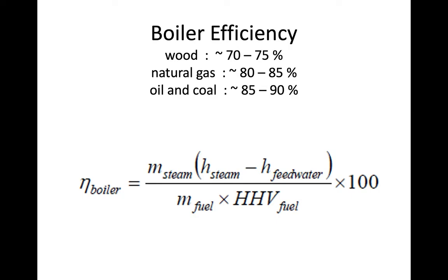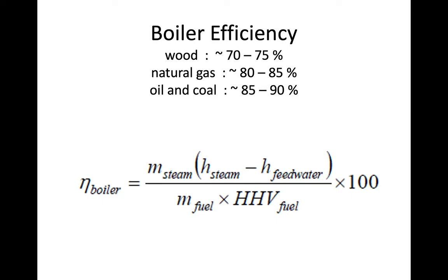We know that boiler efficiency depends first on the type of fuel that they use. For example, if you use wood as fuel, boiler efficiency is around 70 to 75%.